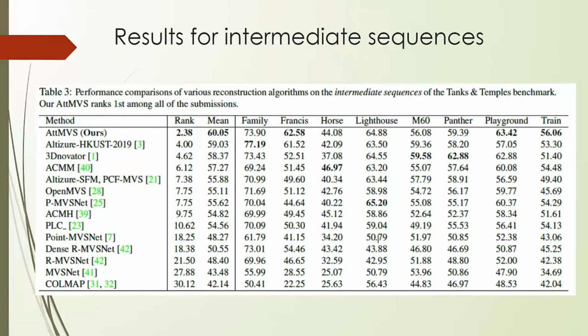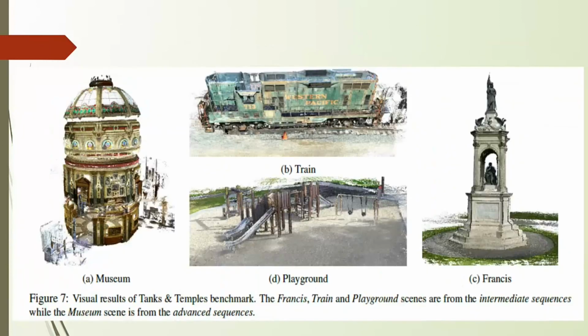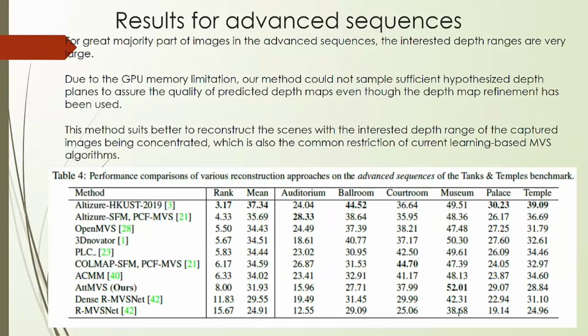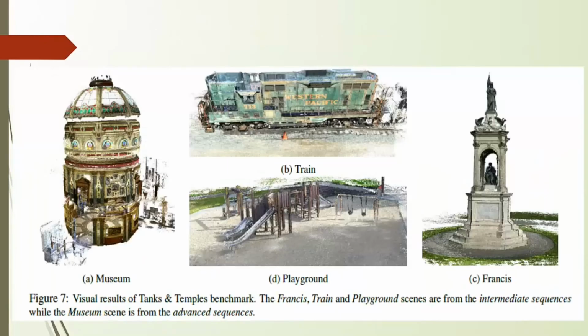This slide shows that for the intermediate sequences, the attention MVS was able to give very good results. B, D, C are part of the intermediate sequences and it has performed very well. A is part of the advanced sequences, and it is observed that it reconstructed the 3D image very well.